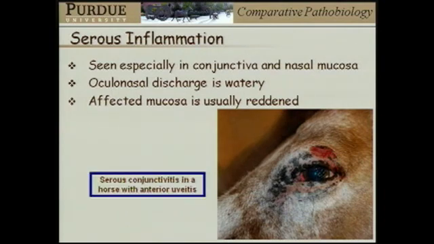And the picture is showing serous conjunctivitis in a horse that had anterior uveitis. So anterior uveitis was its disease or its important lesion, but we can't see that with this picture. What we are seeing is just a wetting of the conjunctiva, pinkening of the conjunctiva, and wetting of the hairs around the eyelid.